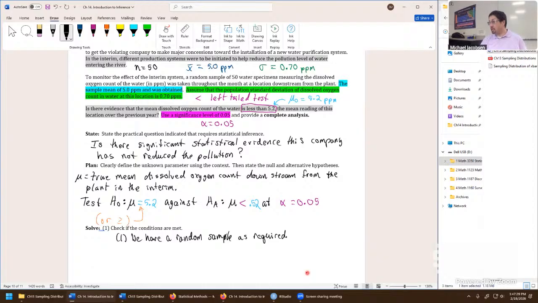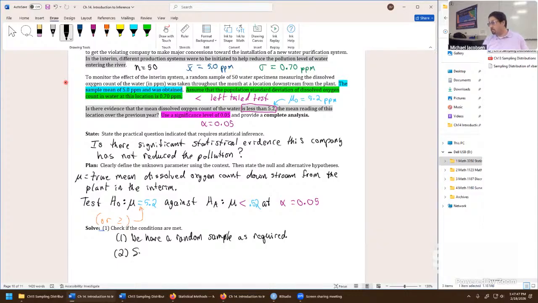Next, condition 2. Well, did it tell us anything about the normal distribution? Doesn't look like it. I don't think anything here says assume that these water samples are distributed normally. That'd be quite a statement, right?